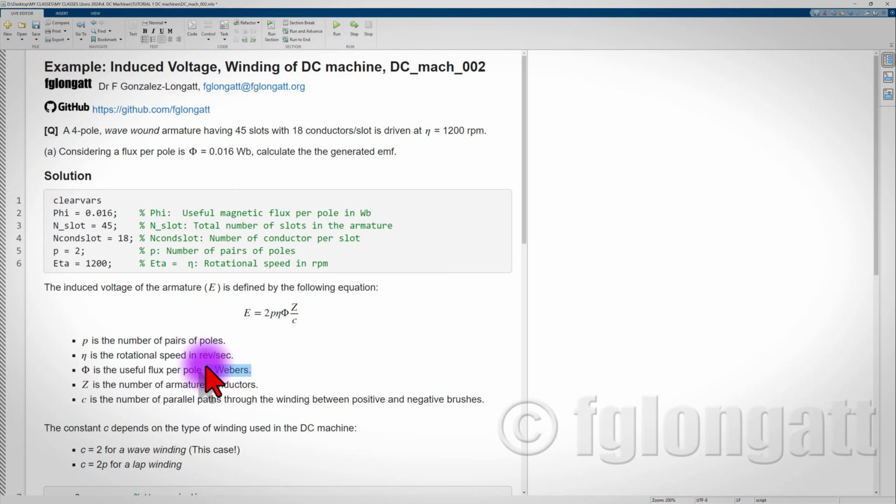You can see here the flux per pole, and in this case the unit must be Webers. Z is a very important parameter that defines the number of armature conductors. And finally C is extremely important, because it defines the number of parallel paths through the winding between the positive and negative brushes.